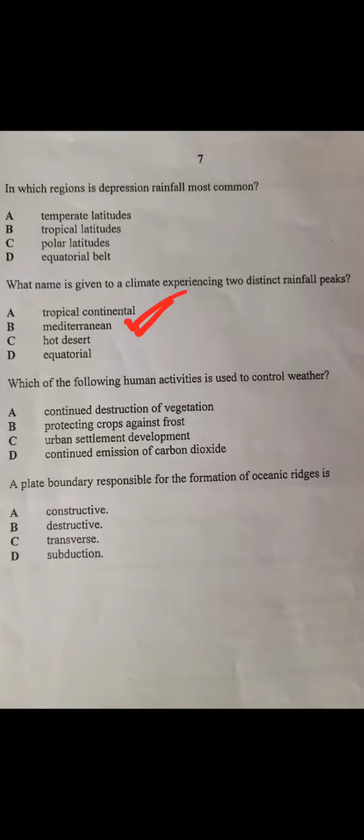Then which of the following, this is number 19, which of the following human activities is used to control weather? The human activity which is used to control weather is actually protecting crops against frost. Why am I saying this? Because this activity is the one that directly manipulates weather conditions, okay, to protect crops.